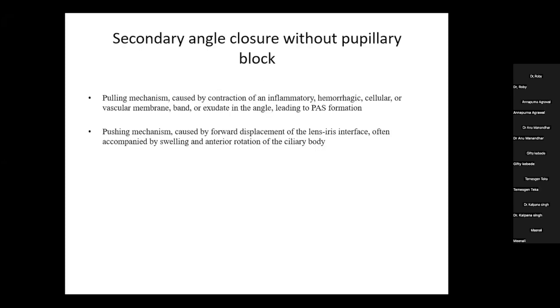Secondary angle closure without pupillary block has two mechanisms, as I have already explained: the pulling mechanism and the pushing mechanism. The pulling mechanism is caused by an inflammatory, hemorrhagic, cellular or vascular membrane or bands that leads to PAS formation. In the pushing mechanism, there is forward displacement of the lens-iris interface accompanied by swelling and anterior rotation of the ciliary body.